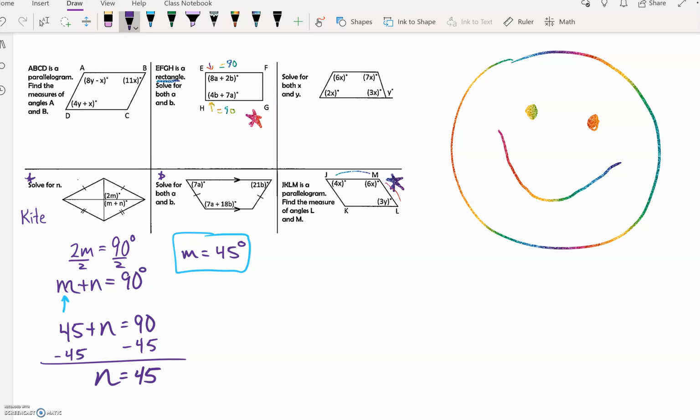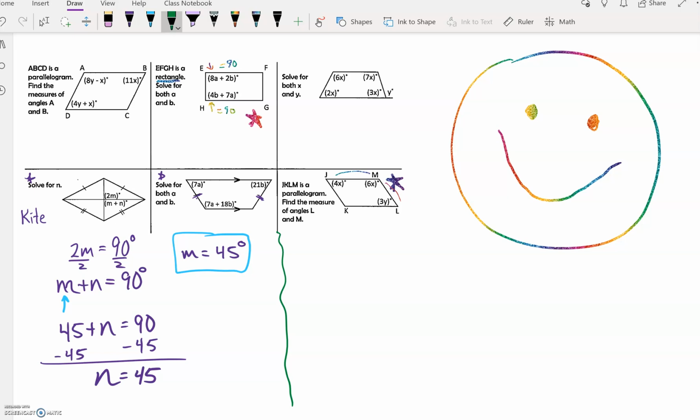We're solving for both A and B. Again, this is an isosceles trapezoid. So because it is a trapezoid, we know consecutive angles add up to 180. And because it's an isosceles trapezoid, our base angles are equal. So I'm going to just kind of do this problem right over to the side here by our giant smiley face shining down on us.